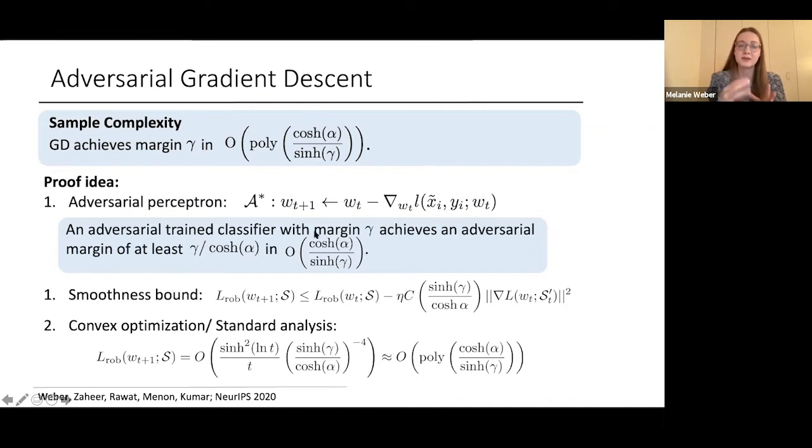And then building on that auxiliary result and using standard tools that you would also use when analyzing standard gradient descent, we can put that together and derive this polynomial time guarantee.